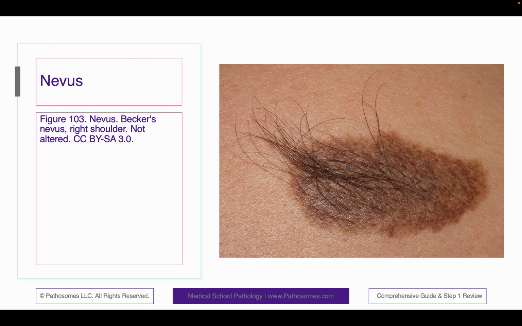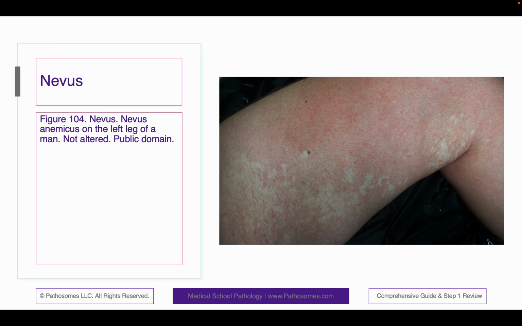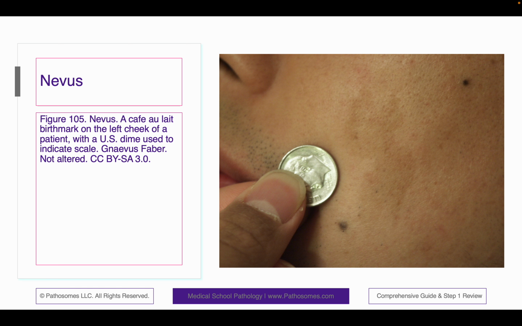And here we have Becker's nevus on the right shoulder of a patient. And here we have nevus anemicus on the left leg of a patient. And here we have a café au lait birthmark on the left cheek of a patient with a dime from the United States of America next to it, just to indicate the scale.